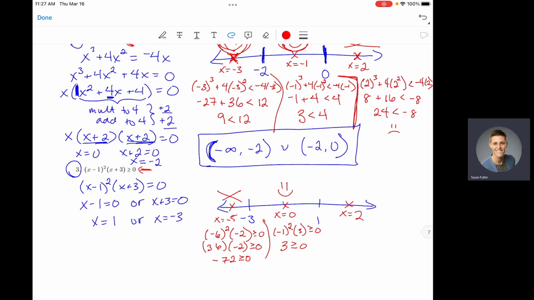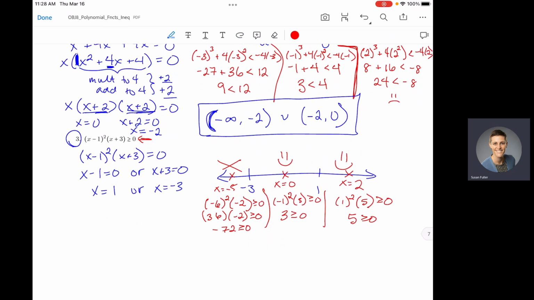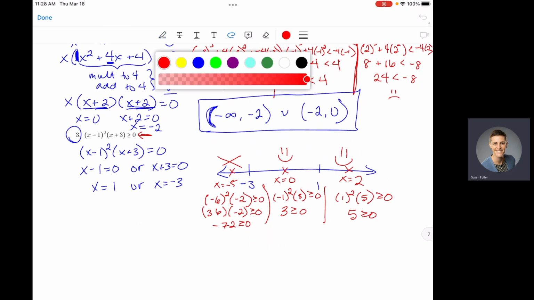And when I plug in 2, I get 2 minus 1 is 1 squared times 2 plus 3 is 5. And my inequality says that should be greater than or equal to 0. 1 squared is 1 times 5 is 5. That is, in fact, greater than 0. This guy works. Okay, so now we know what works, and we can write our final solution.